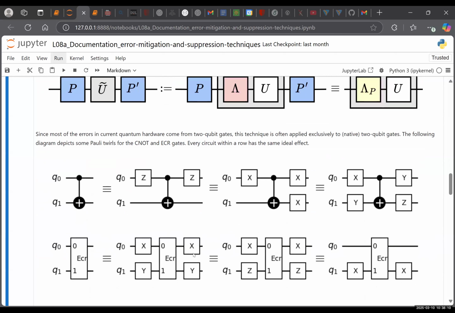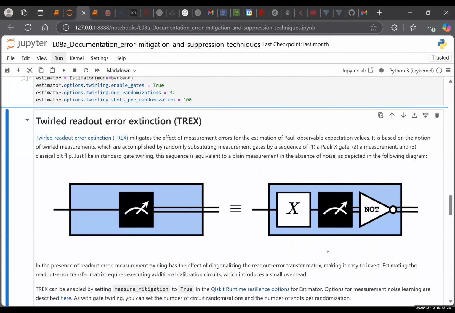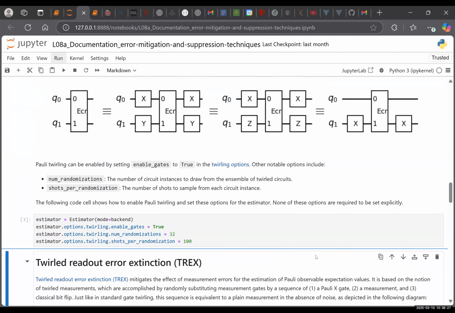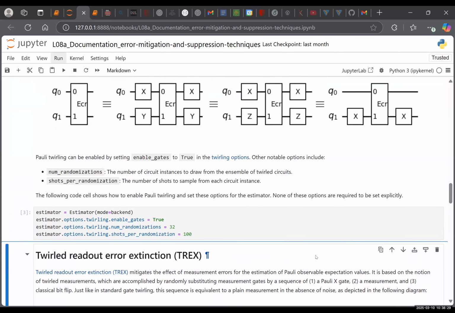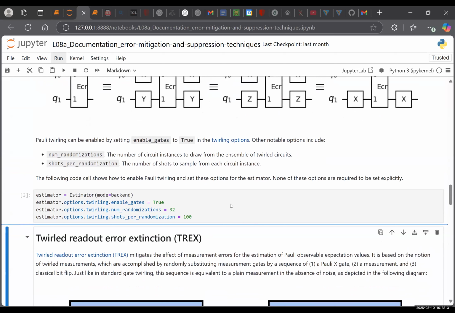So if you have X, X, Y, Y, X, X, Z, Z, and X, X at qubit one, they are identity. So you can also enable this to be true.